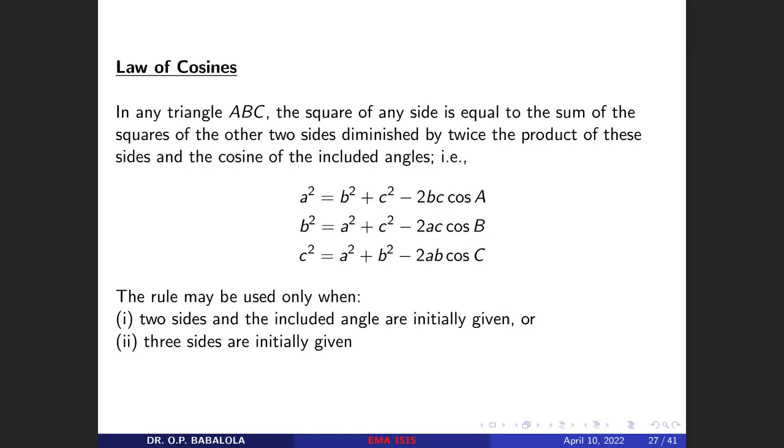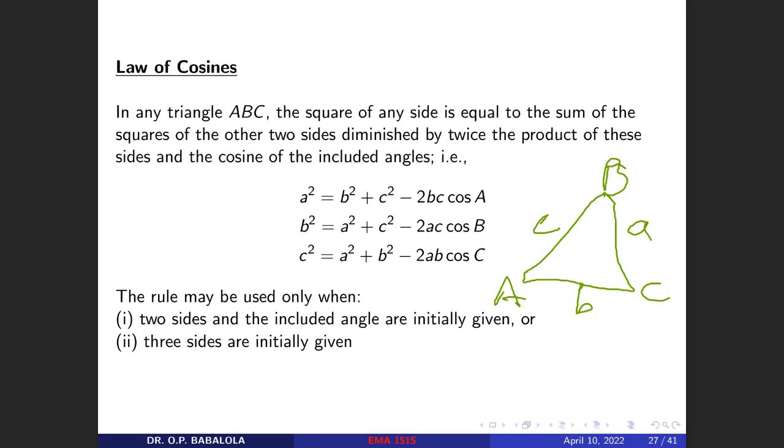Then the law of cosine. The law of cosine is also straightforward. In any triangle ABC, like we have, the square of any side, let's say this is side A, is equal to the sum of the squares of the other two sides, minus twice the product of these sides and the cosine of the included angle.